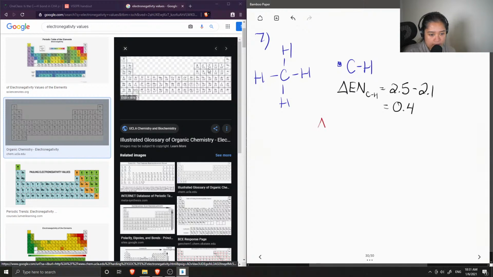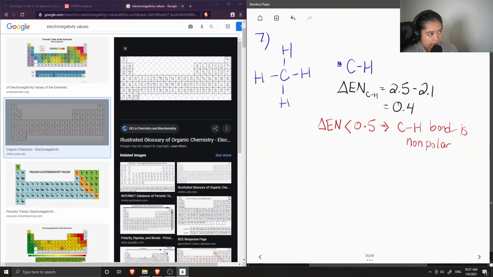So since the difference in electronegativity is less than 0.5, this means that the carbon-hydrogen bond is nonpolar. So that means that since carbon has a similar electronegativity with hydrogen, there's not really a dipole moment being formed between the two, they're kind of just equal.